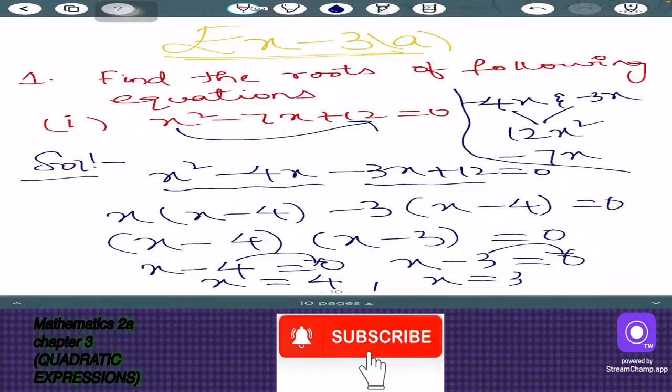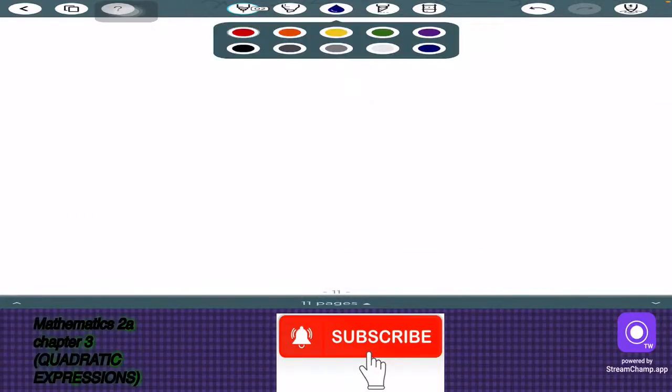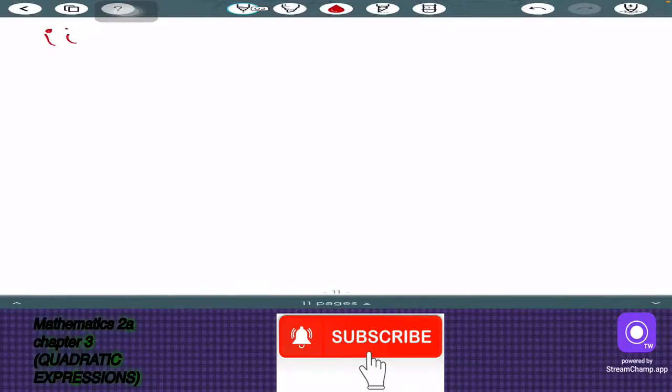Very good, Bilal. Excellent, excellent. You got the answer. Can you find the solution for the next question? Minus x square plus x plus 2 is equals to 0.